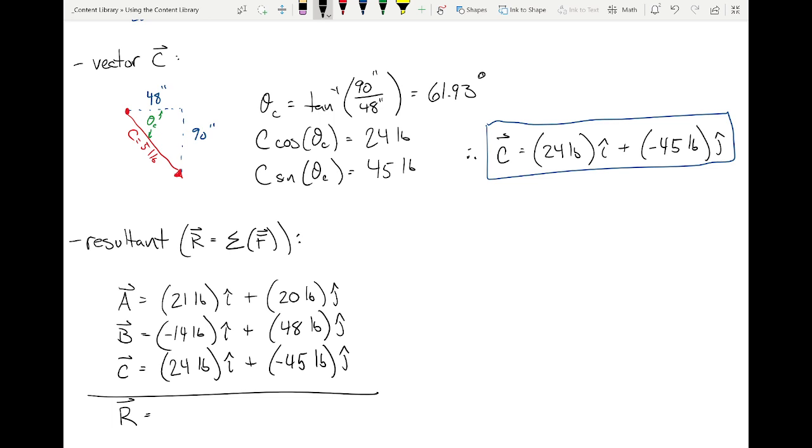So what is 21 minus 14 plus 24? 31. Plus, and what about here? 20 plus 48 minus 45 is 23.